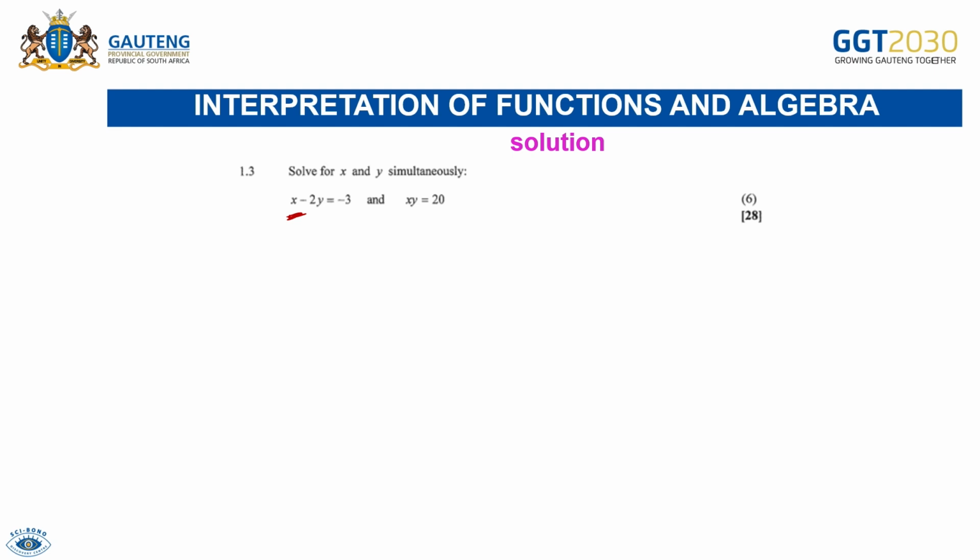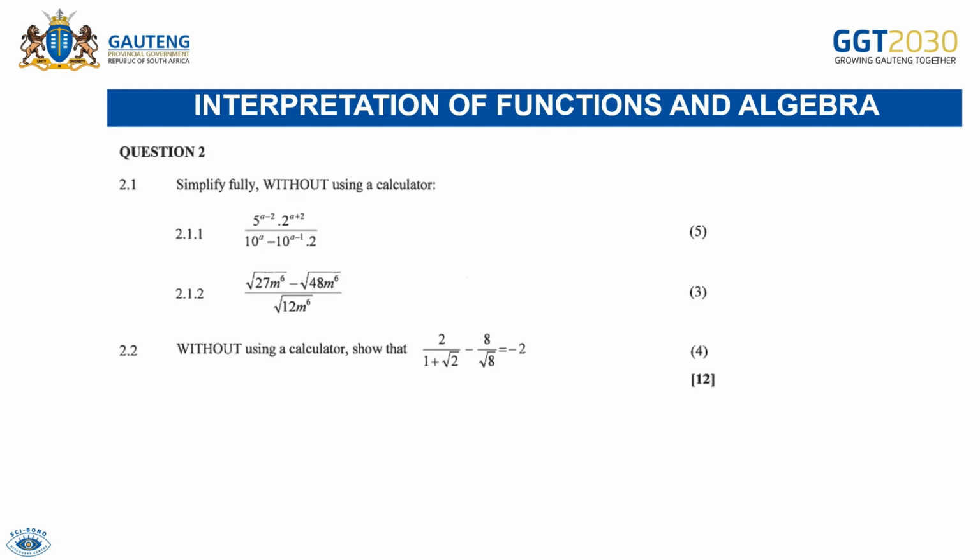Right? Meaning that you'll be dealing with fractions, and we are running away from the fractions. So you make x the subject of the formula, then you substitute in equation 2, obviously, because you can't substitute in equation 1 since you've used equation 1 to make equation 3. Then you solve for x and y simultaneously.